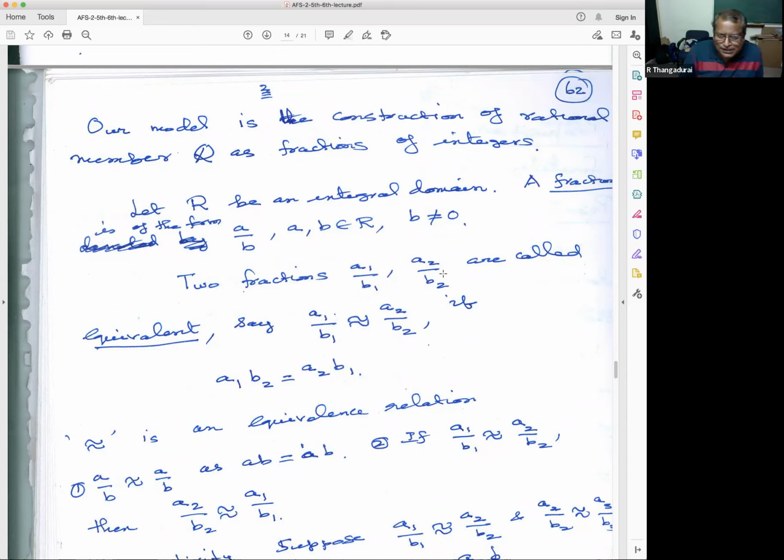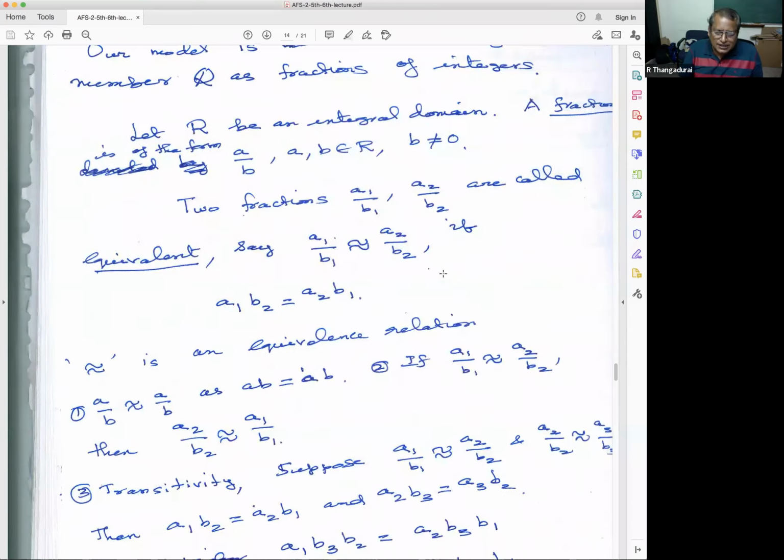That is, a1 times b2, an element of R, and a2 times b1, also an element of R, should be the same element. Then we say these two fractions are equivalent.